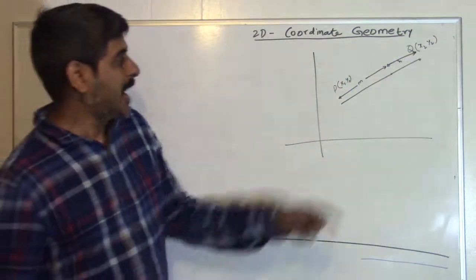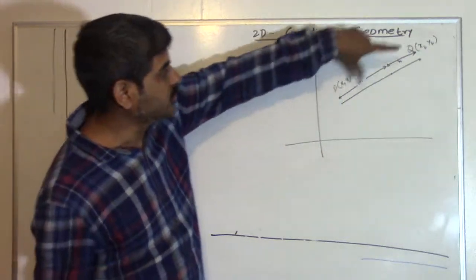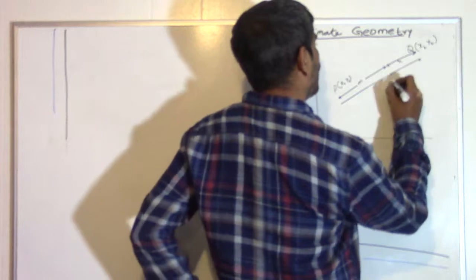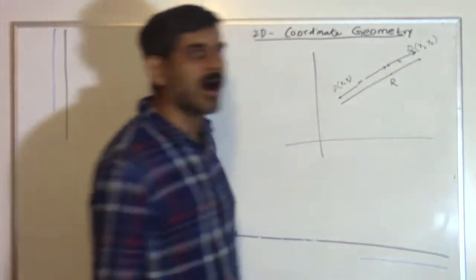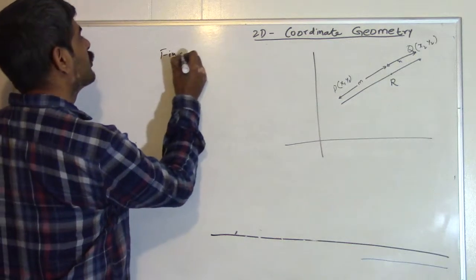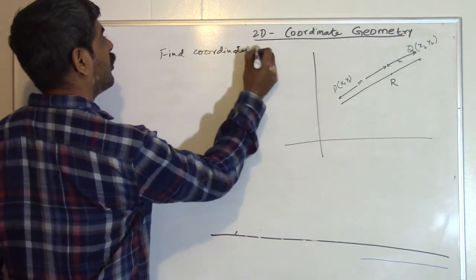For example, I ask you to divide in the ratio 2 is to 1, or I can ask you 4 is to 1 or 1 is to 1. And what is the coordinate of this point, let us say R? Find the coordinates of R.